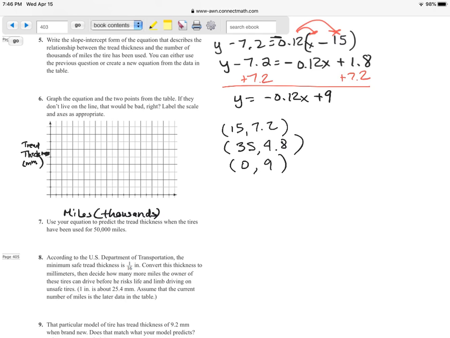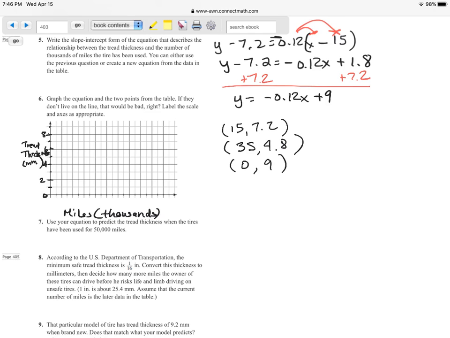Okay, so we just need to go up to 9, and let's see, 1, 2, 3, 4, 5, 6, 7, 8, 9. Oh, that'll be perfect. So 1, 2, 3, 4, 5, 6, 7, 8, and then there's our 9. Okay, and this of course is 0 right here.